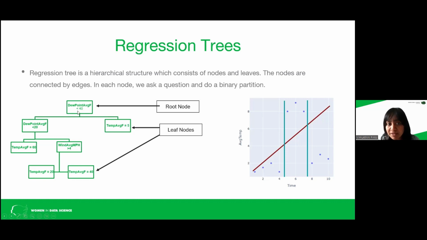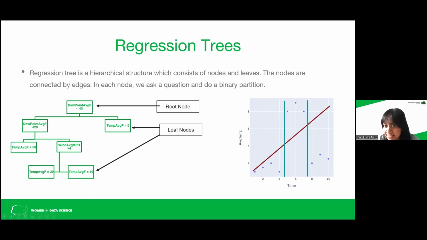Or if it's more than 40, maybe the model will say, okay, the temperature is going to be 5. So basically in regression trees, you start from a node and then you ask a question and then you do a binary partition. So it's two parts. It moves either this way or this way. And then we can finally predict the temperature values. Those are the ones in the leaf nodes.